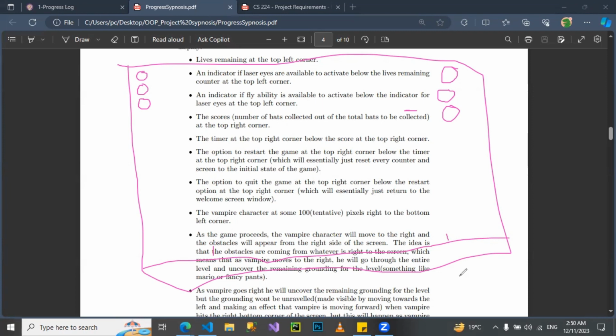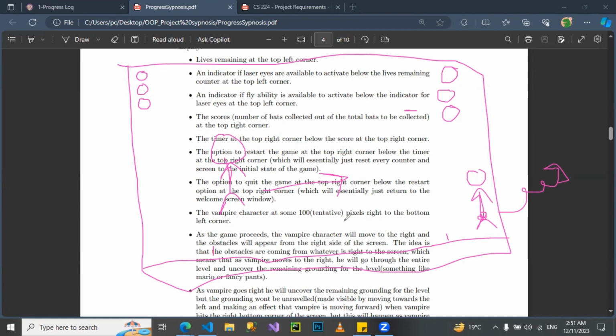The reason is that whenever we show the vampire moving along the level and unraveling the part of the level that is yet to be discovered, the vampire has to move right. But if the vampire went to this pixel right here, and then the remaining level started to unravel, the obstacles would come and start to hurt the vampire as they appear, which would produce glitches in our game.